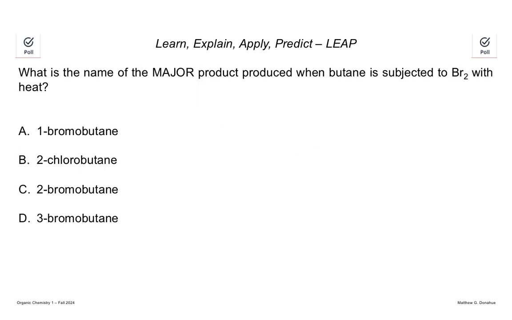And it says, what is the major product of that, knowing the selectivity of bromine? Using what we've learned, we can draw 2 constitutional isomers: 1-bromobutane and 2-bromobutane.